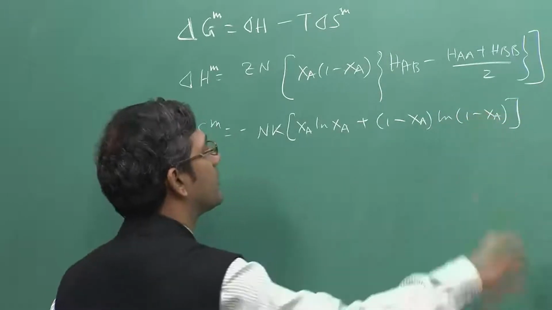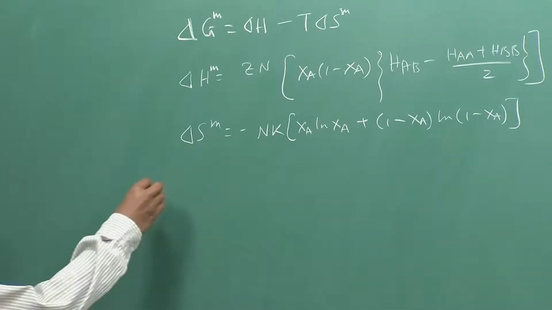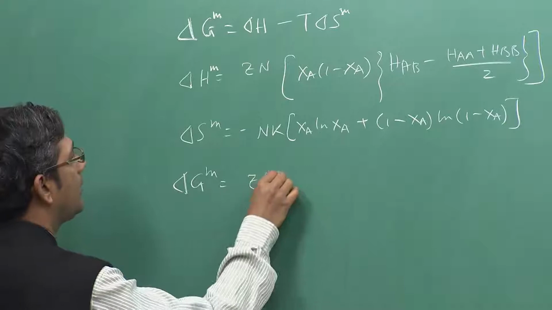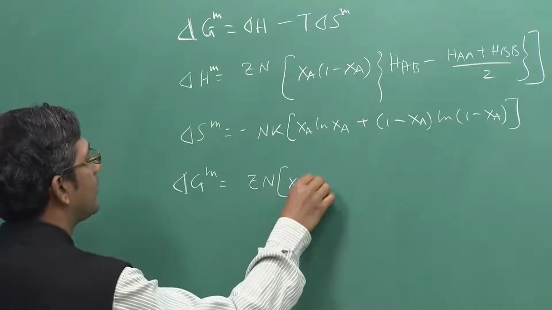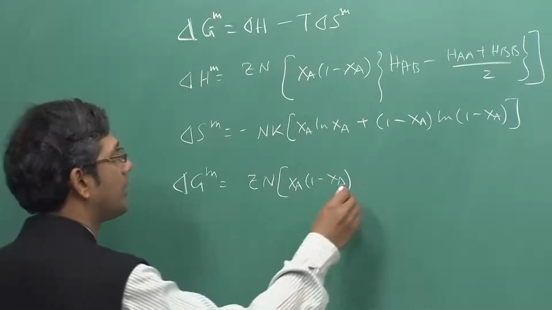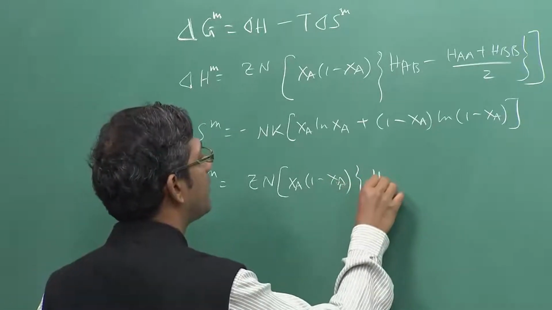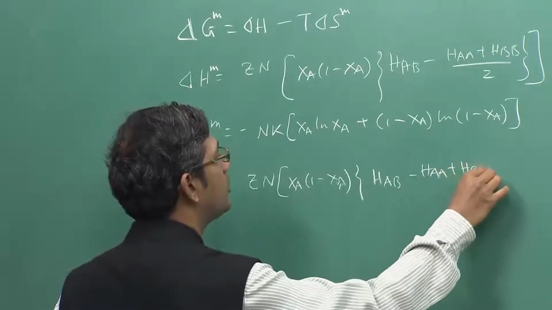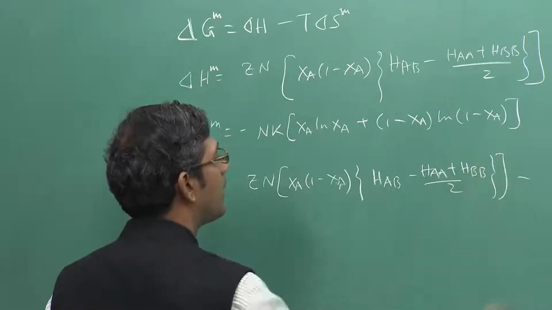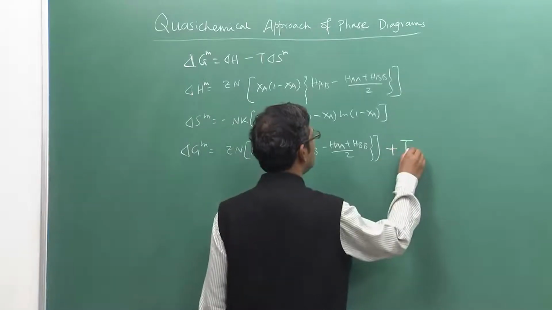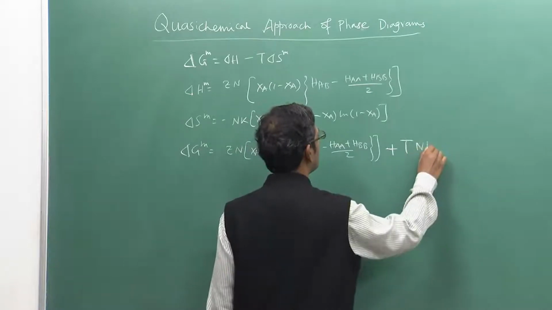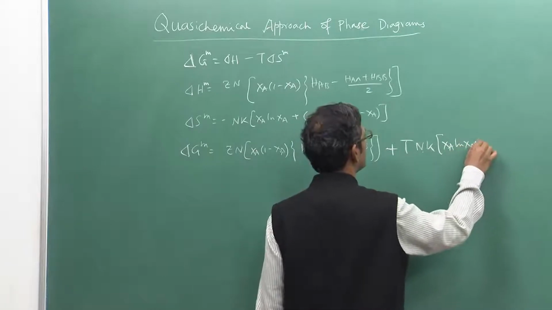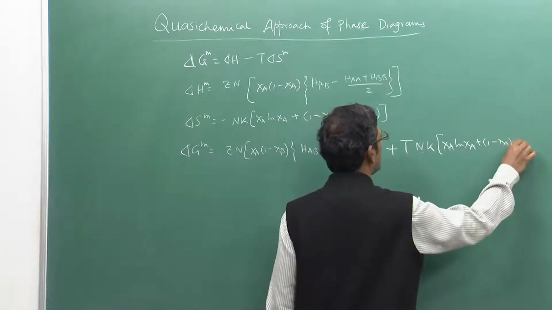Thus delta Gm will be equal to Z n Xa (1 minus Xa) multiplied by [Hab minus (Haa plus Hbb)/2] plus T n k multiplied by [Xa ln Xa plus (1 minus Xa) ln(1 minus Xa)].